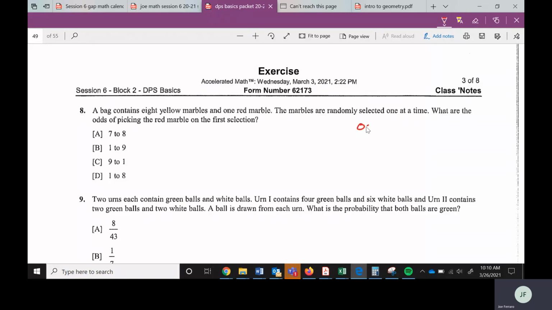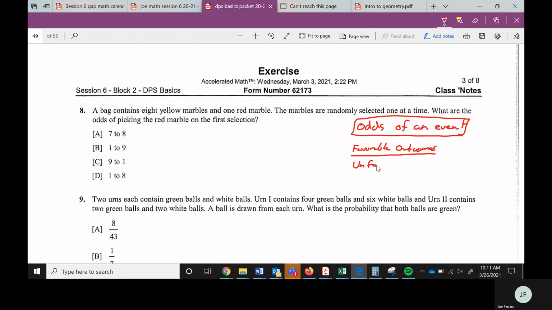If we're talking about odds of an event, it's similar. We're going to do favorable outcomes, which is the same as probability, but probability has total possible on the bottom.